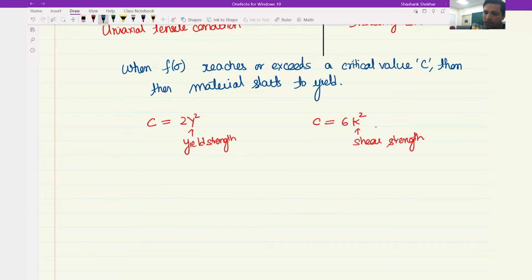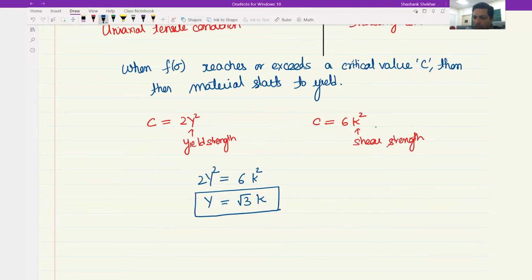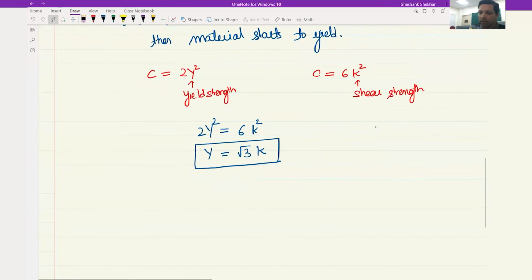What we get is that 2Y square is equal to 6k square, or Y is equal to root 3 k. So if you have the shear strength of a material, you can find the yield strength, or if you have the yield strength given, then Y over root 3 would be the shear strength of the material.